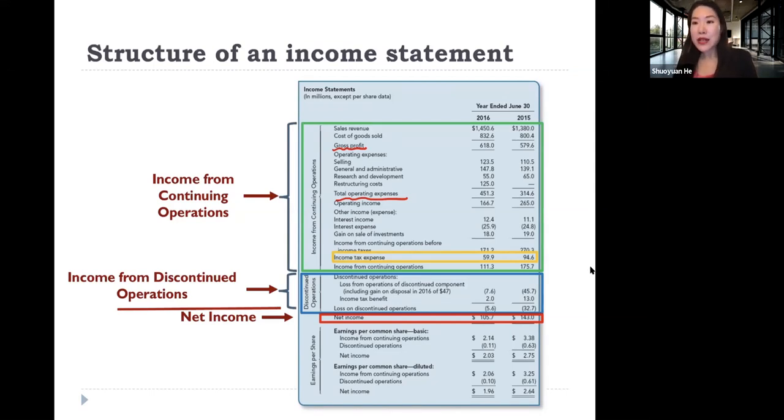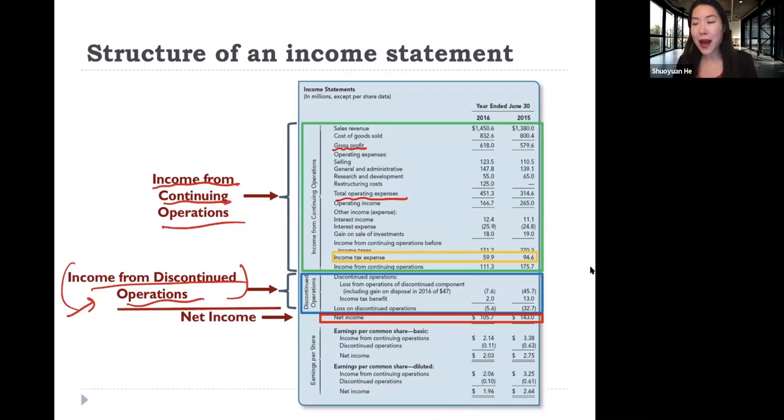But no matter whether it is single step or multiple step, you are going to see income from continuing operations, like this portion, and income from discontinued operations. Some firms may not have this part. If the firm doesn't have any discontinued operation, the firm doesn't need to report it. That's why for some firms you see this part, and some firms not.